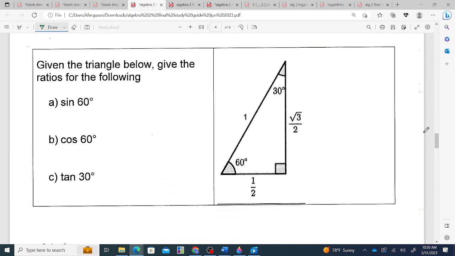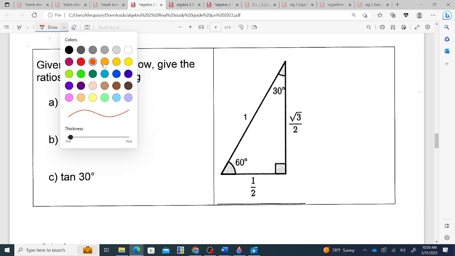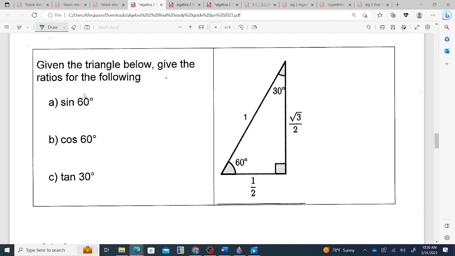So let's talk about this. Let's see. How about green? Okay. Sine. I've got a triangle, and I want to talk about sine of 60 degrees. So sine as a ratio is the opposite side length divided by the hypotenuse side length.